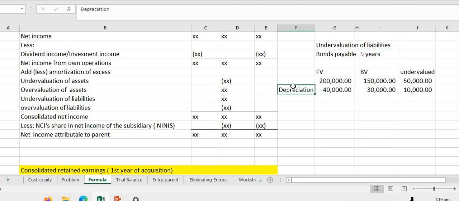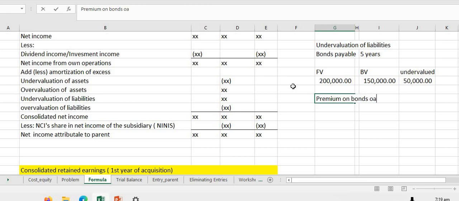So, this is undervalued. So, diba undervalued to. So if the fair value is greater than the book value, the excess shall be treated as a premium on bonds payable, diba?